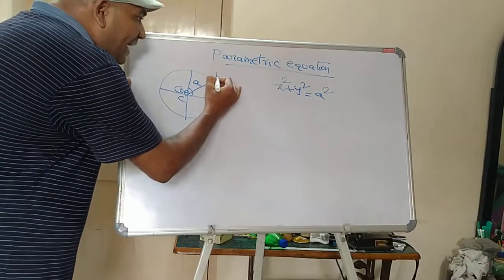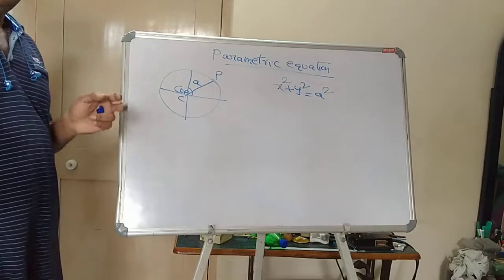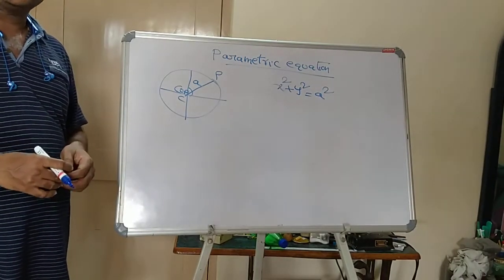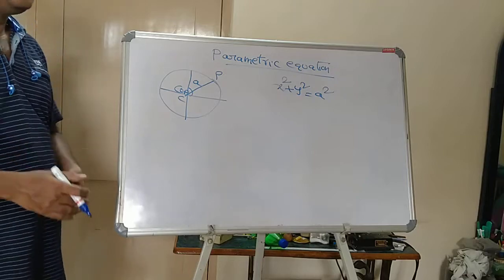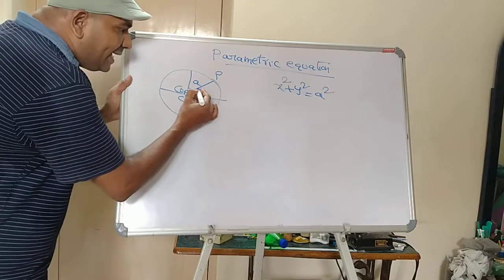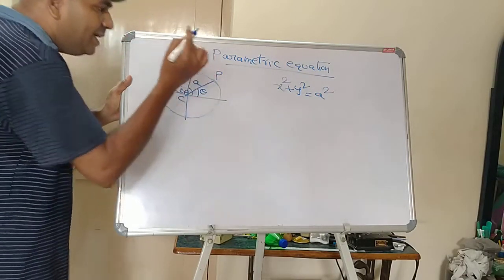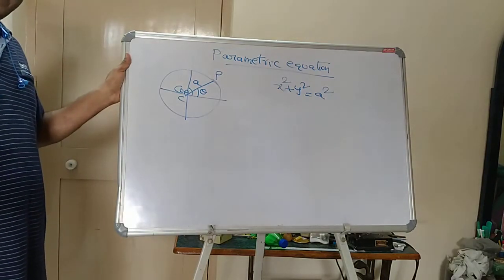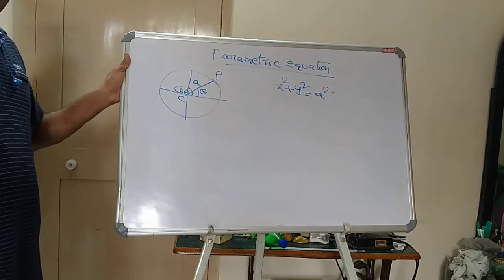Suppose the radius CP makes an angle theta with the positive direction of the x-axis.